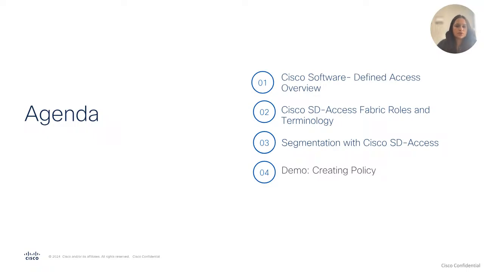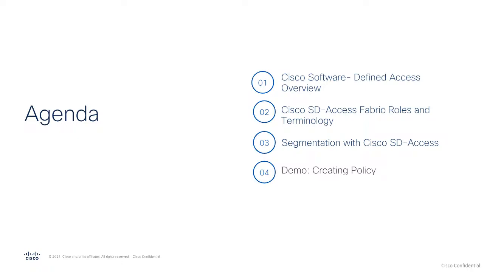So we're going to start off with an overview of software-defined access. We'll talk about why we need software-defined access, what the problems are currently in our traditional networks, and how we are going to move away from traditional networks to much more agile and automated networks, or what is really the need to move forward.